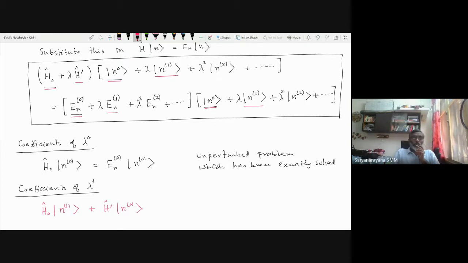Okay, that is equal to E n0 into n1 plus E n1 into n0. So this is the coefficient of lambda 1.